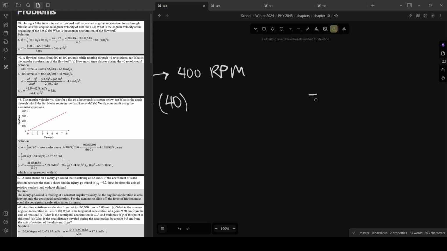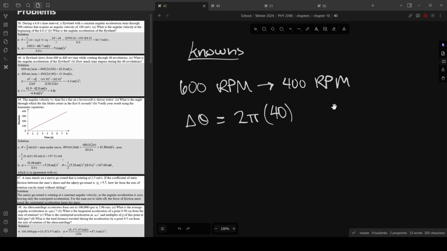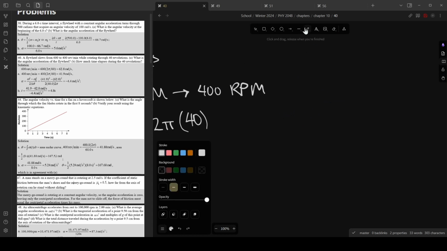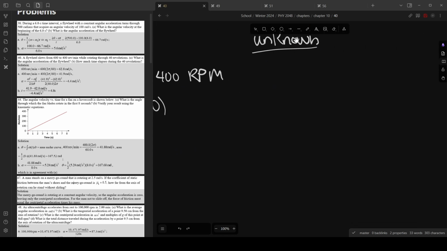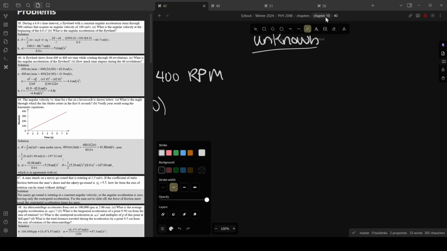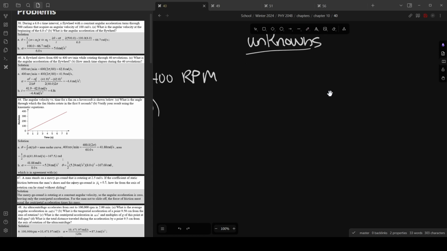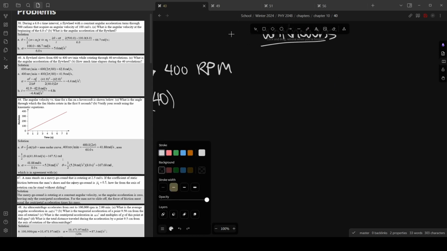So, as always, we have our knowns, so let's write our unknowns. I don't know if knowns is a noun, but I keep using it as a noun. Our unknowns are, what is the angular acceleration?